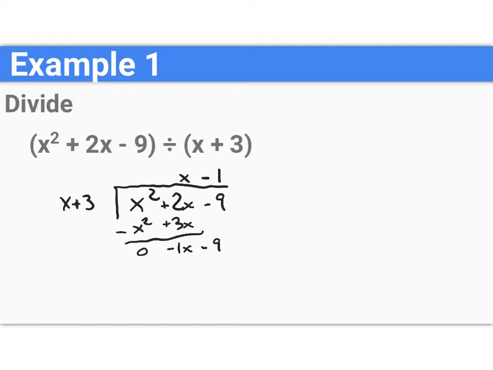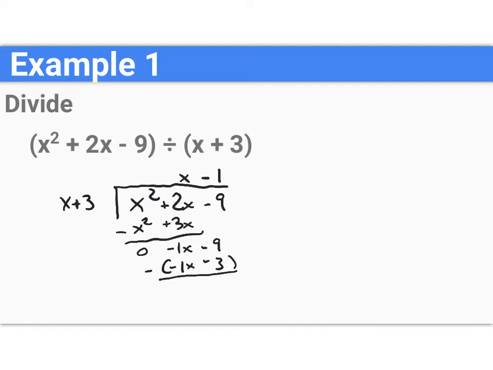So negative 1 times 3 is negative 3. Negative 1 times x is negative x, 1x. But remember, we're subtracting. So be careful with subtraction. Negative 1x minus a negative 1x. Two negatives together make a positive.